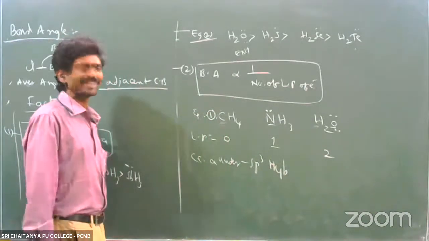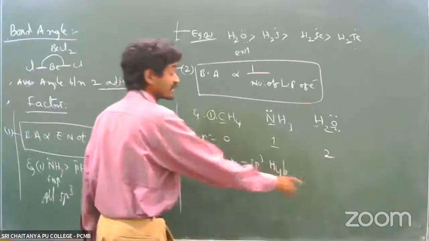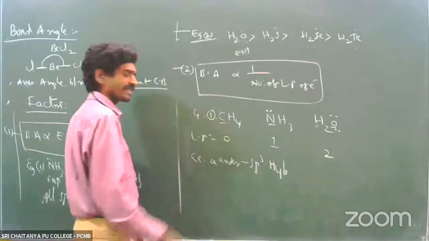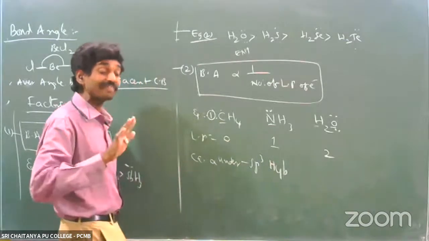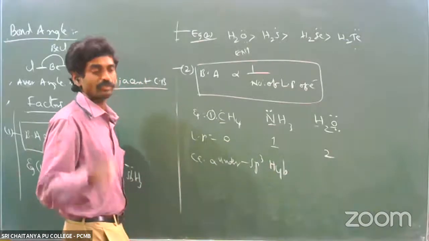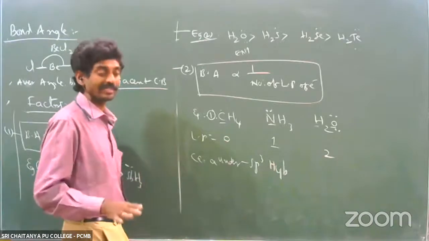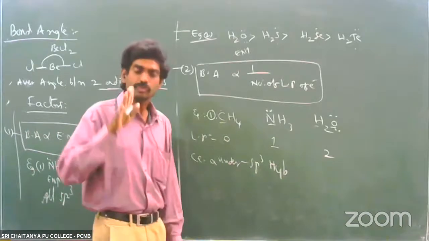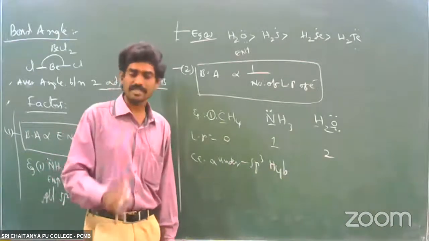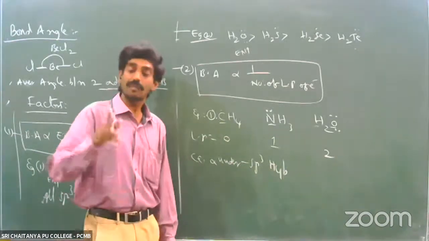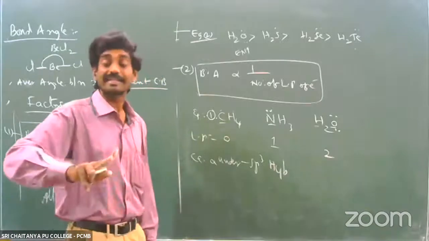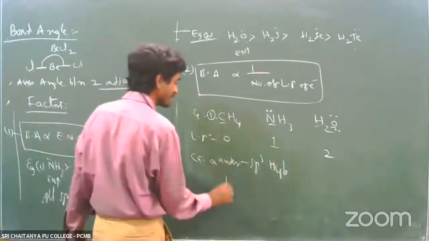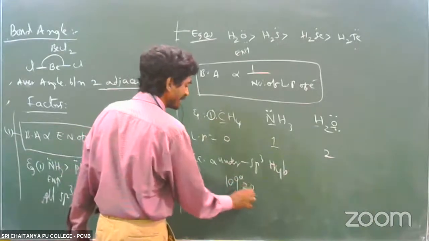Tetrahedral geometry means bond angle of how much? 109 degrees 28 minutes. Here there is no lone pair, so no repulsion. It cannot deviate from the regular bond angle. If a molecule does not have any lone pair, there is no repulsion, only bond pairs are there. So the molecule has regular geometry and the normal bond angle, the tetrahedral bond angle of 109 degrees 28 minutes.